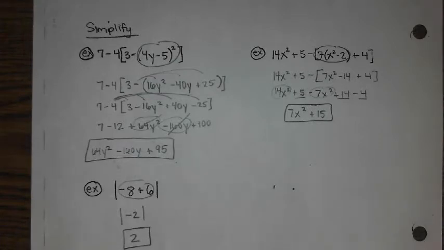Okay, let me hear. Where's Stephanie? Stephanie, what did you get for the first one and the 7 minus 4 one? Raise your hand if you got that exact same thing on your paper.